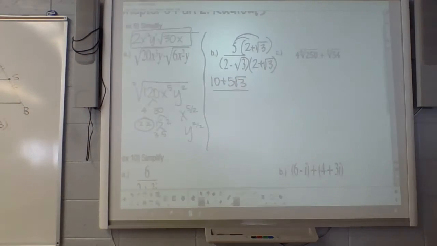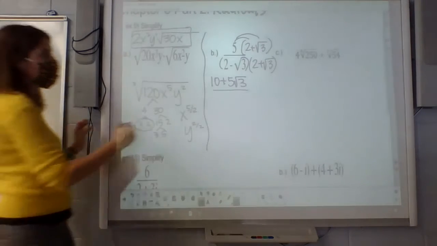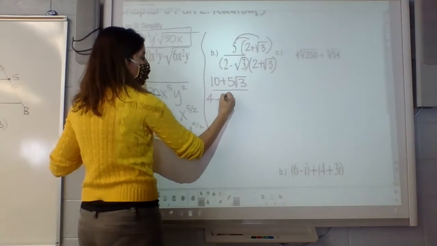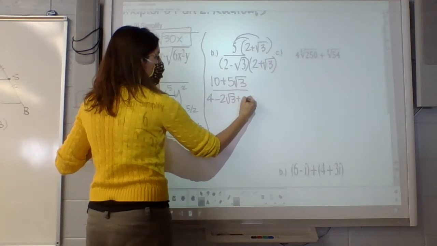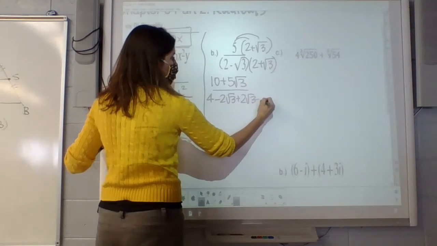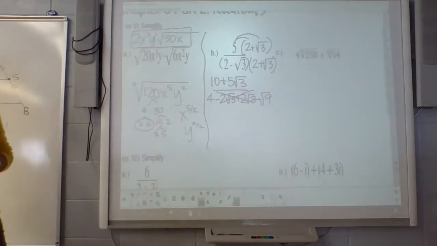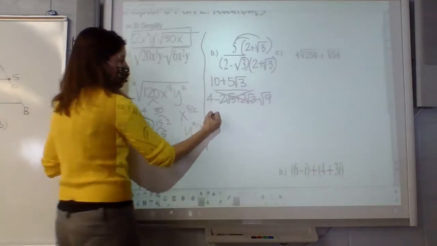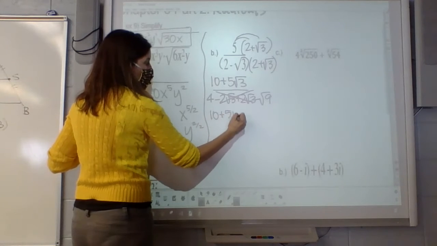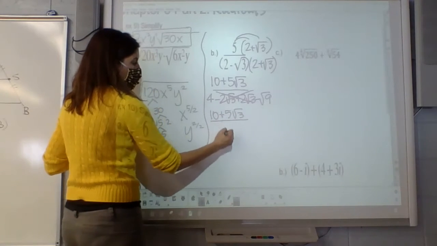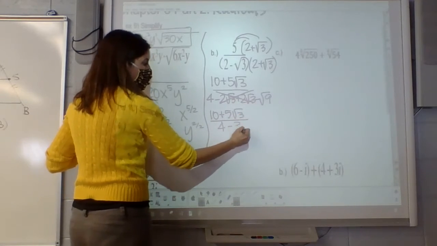I just distributed that 5 in. The bottom I have to FOIL. And when I do that, the middle 2 terms should cancel out. And square root of 9 is going to be 3.